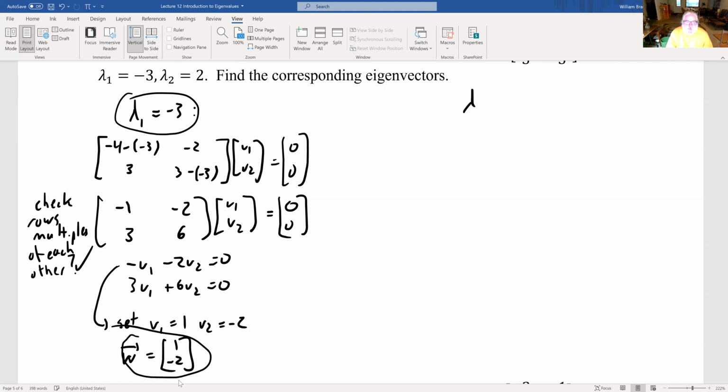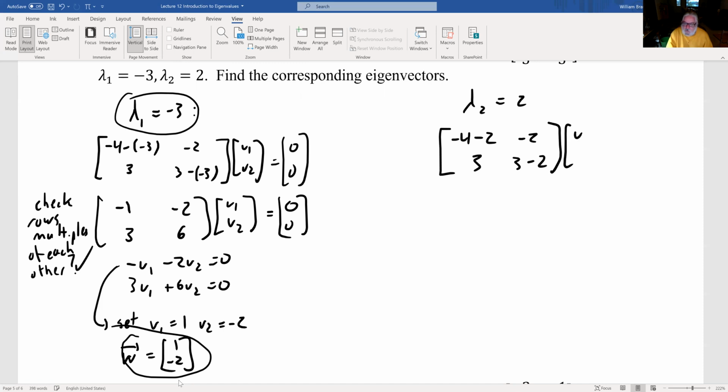And for lambda 2 equals 2, we can do the same thing. We take our matrix and we subtract off the eigenvalue from the main diagonal. And we solve this.